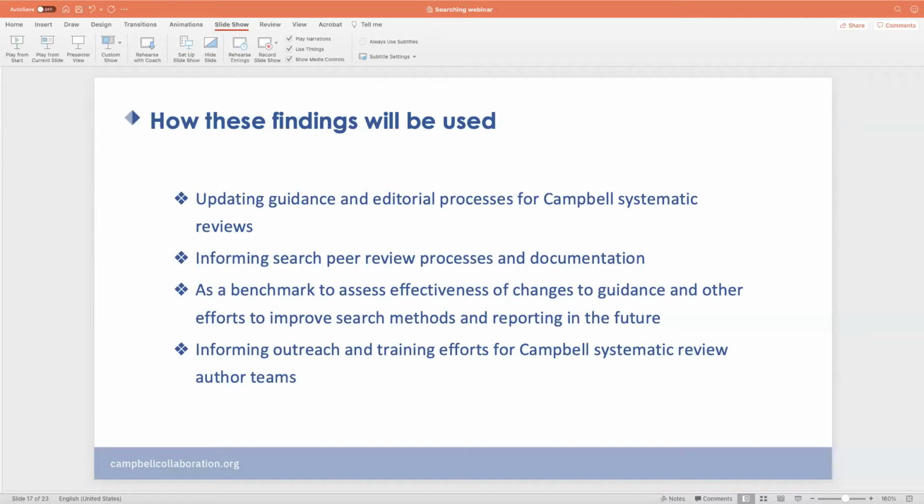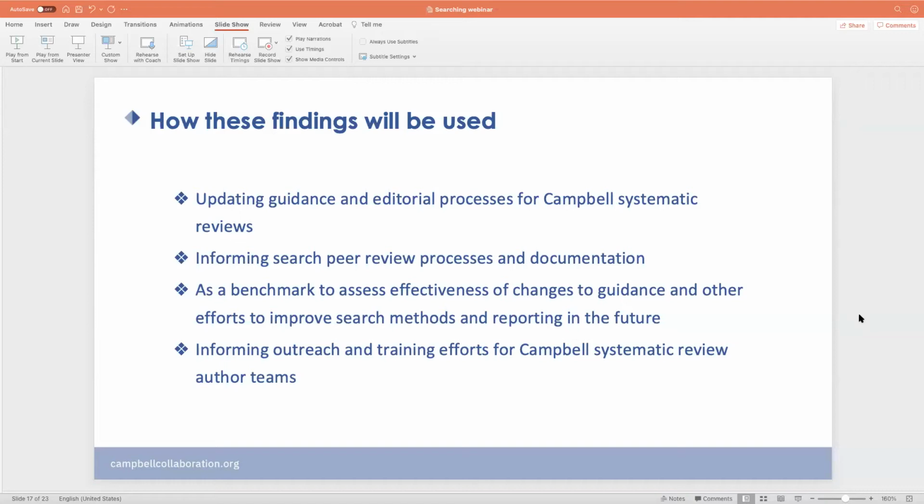We're also thinking that this work could be used as a sort of benchmark to assess the effectiveness of any changes that might be made to guidance documents or other processes or policies, to really understand how these changes improve search methods and reporting in the future, with the intent here to update this assessment probably within 3 to 5 years.